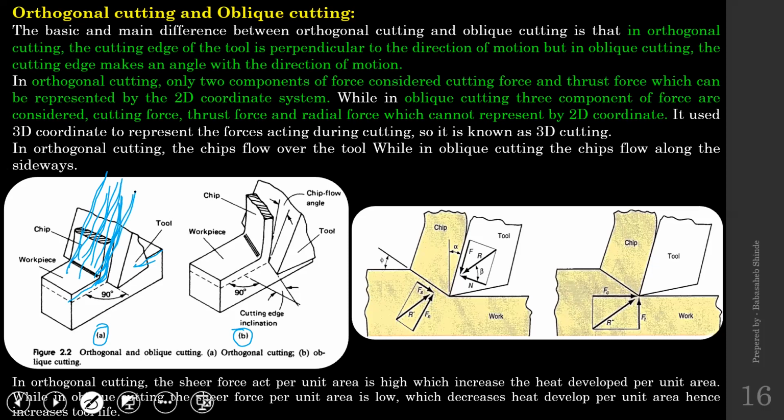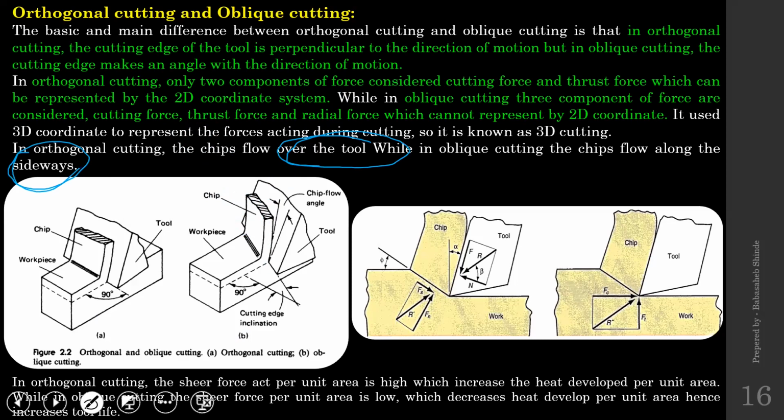Once the chip has formed, it will shift in this direction. So chips will flow like this and not across the cutting tool face. So if you compare the flow of chips, in orthogonal cutting the chips flow over the tool, while in oblique cutting the chips flow sideways.